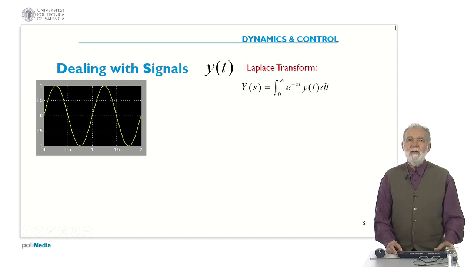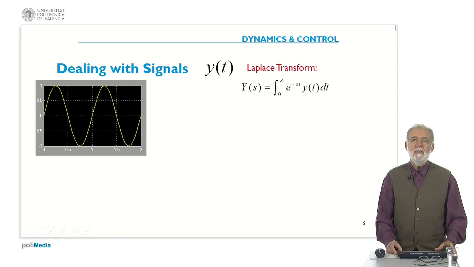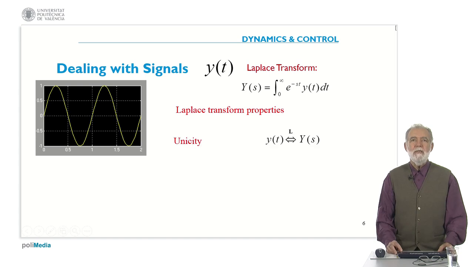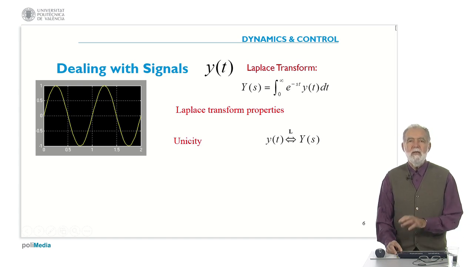The definition of the Laplace Transform, and you can see on the slide, is apparently very complicated. It's an integral with limits between 0 and infinity and multiplied by e power of minus st. But the nice properties of this Laplace Transform is that first is the unicity. If you have one signal y of t, the Laplace transform is unique, and vice versa.